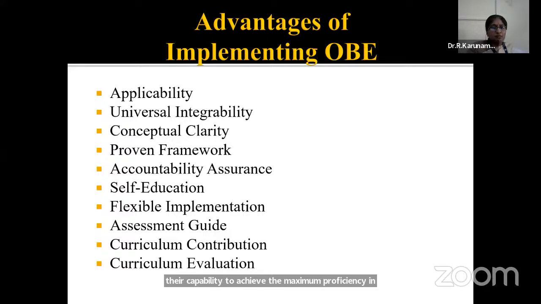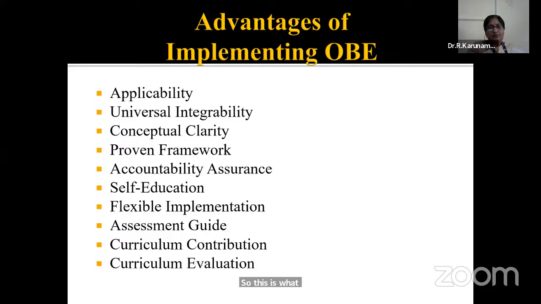I think this is the most important thing which encourages institutions to go for OBE, because once the student is aware of the reason for learning the course, he shows interest in learning it. So this is what applicability is.